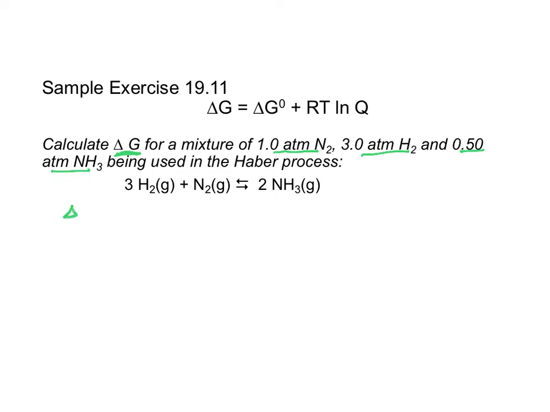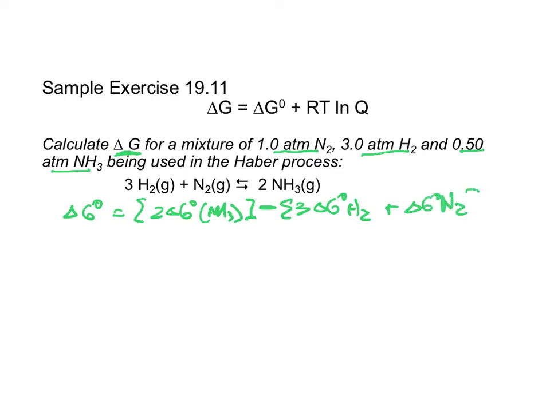To find the delta G0, because this is in the textbook, you look up the numbers. You would say 2 times the delta G0 for ammonia, and you would subtract from that the reactants, 3 times the delta G0 for hydrogen, and add to that the delta G0 of nitrogen.